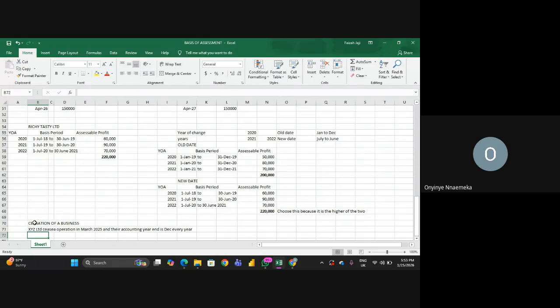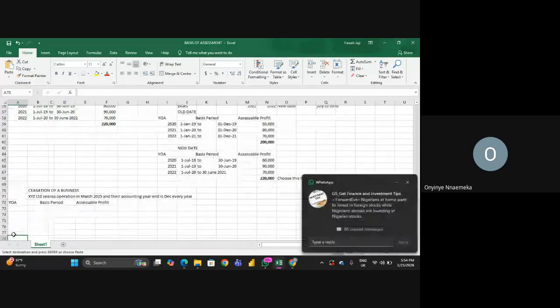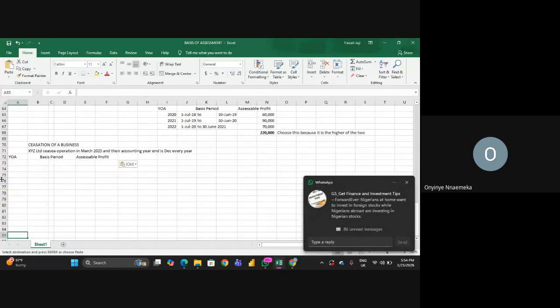So now, if the accounting year end is December every year, and they cease operation in March, let's say March 30, the last day of March in 2025, what should now be their basis period and their year of assessment? Let me copy this and paste here. Okay.